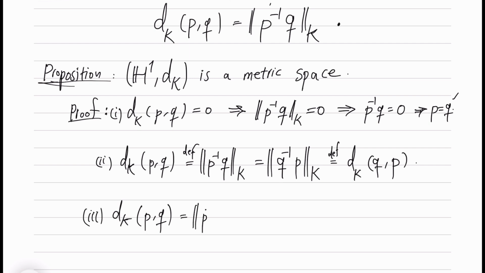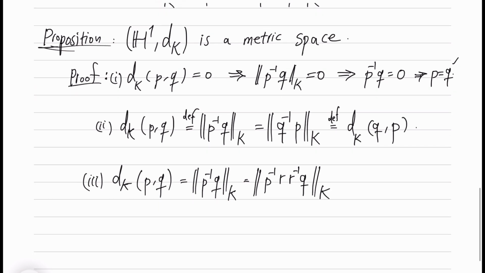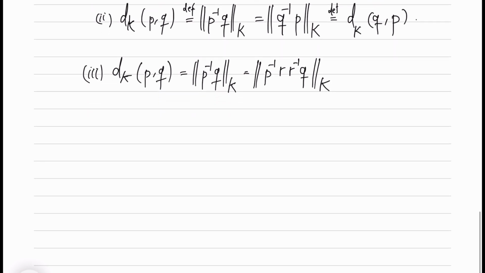This is by definition the Koranyi norm of P inverse Q. And now for free, I can put a third point R, so P inverse R times R inverse Q. That's just a group property. And now I break this into two pieces.